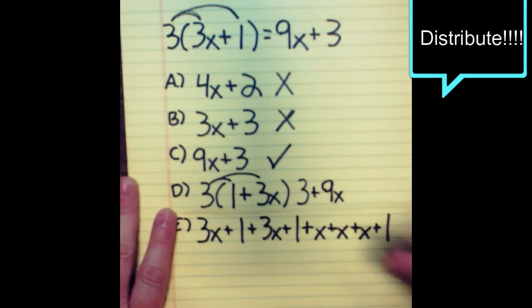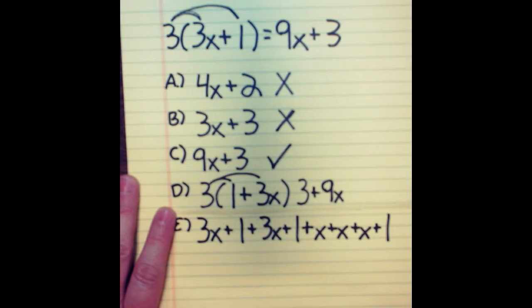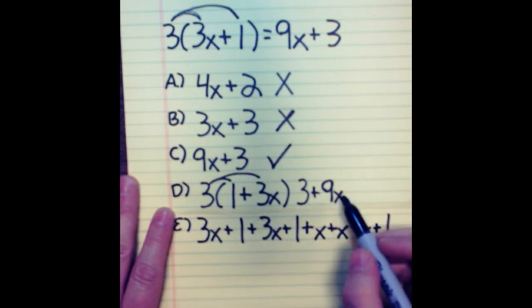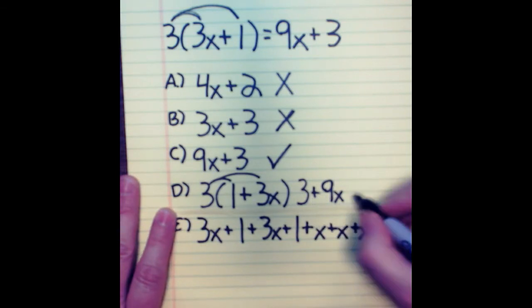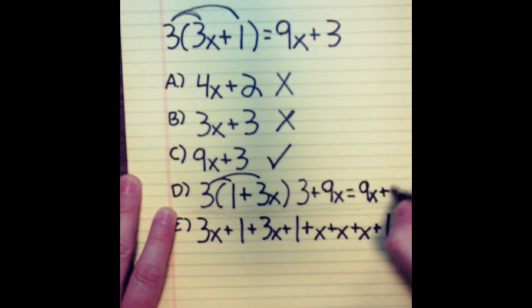Now I look at that and I say it looks very similar to 9x plus 3, and I think back to my properties, and I think maybe one of the properties that we learned will allow me to manipulate this or change it around to where it might work. And I think that I could use the commutative property of addition to know that I can just turn this around and put my 9x in front, and then my plus 3 will go behind it, and these are equivalent. So D would also be a good answer.